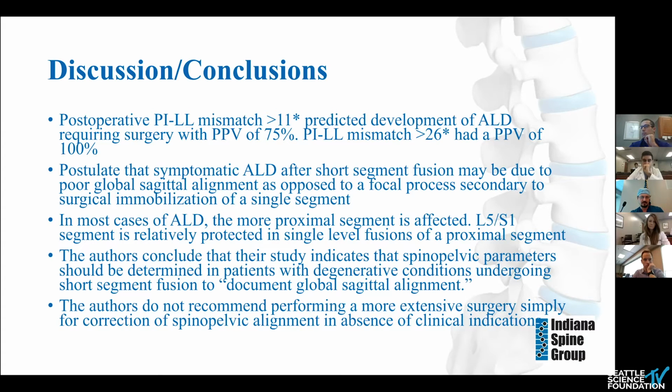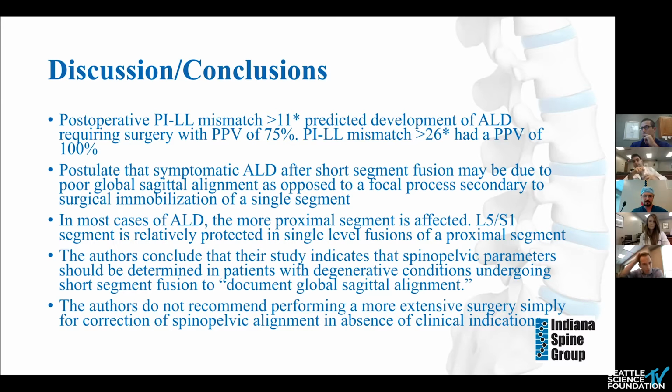They postulate that symptomatic ALD after short segment fusion may also be due to poor global sagittal alignment, as opposed to just a focal process secondary to immobilization or just genetics. In most cases of ALD, they found that the proximal segment is affected and L5-S1 was relatively protected in single level fusions.